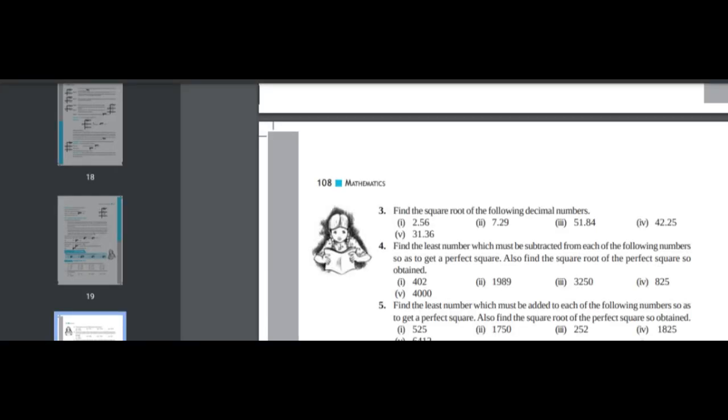Now let me open all the pages. Wait. Now you will listen and I will share the pictures and you can complete them, okay? Okay, now we have to start question number 3, part 3.